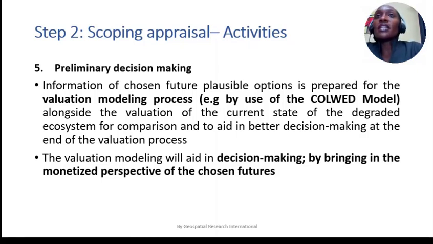This will be done alongside the evaluation of the current state of the degraded ecosystem for comparison, and to also aid in better decision making at the end of the evaluation process. The valuation modeling in this case is meant to aid in decision making by bringing in the monetized perspective of the chosen futures, which can be considered a very dependable decision making platform.